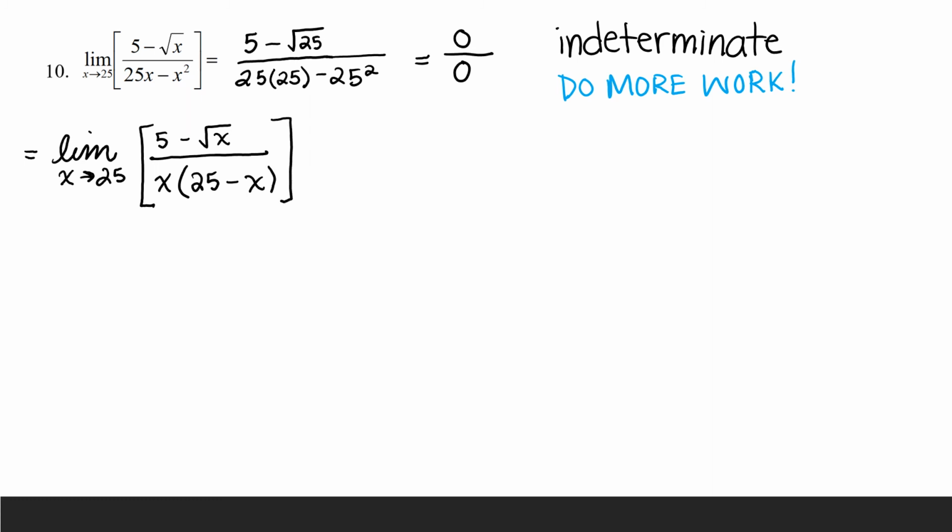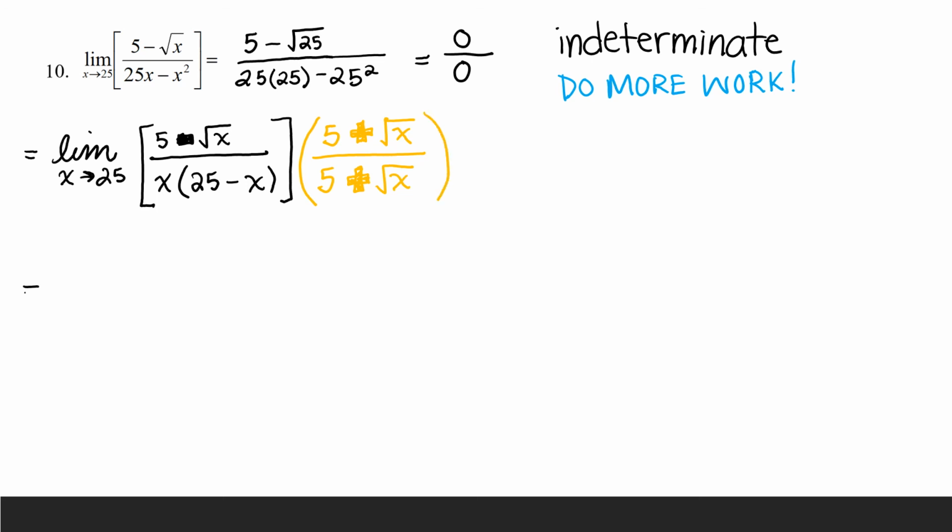Nice. Now that I've factored, I'll multiply by the conjugate. So I have this 5 minus the square root of x in my numerator, so I will multiply by the conjugate, which will be 5 plus the square root of x. And so that I'm not changing anything, I best also multiply the denominator by 5 plus the square root of x.